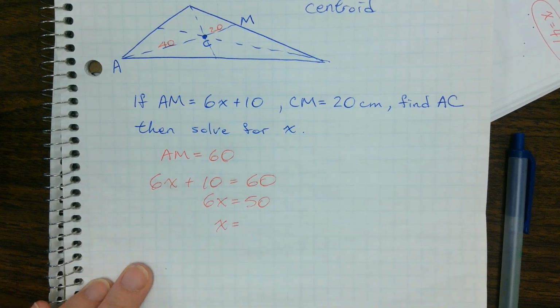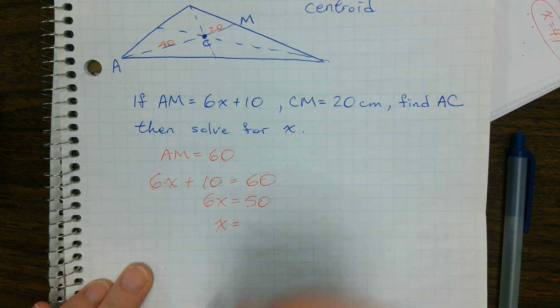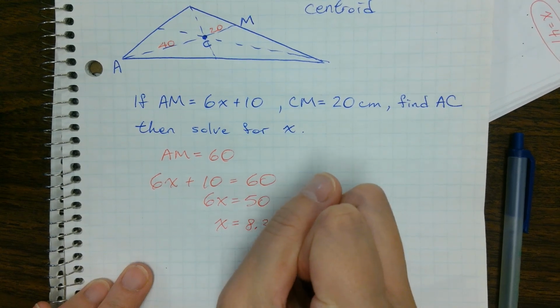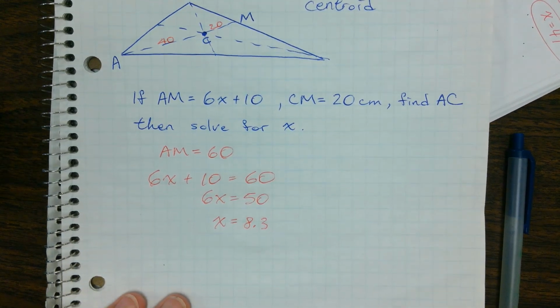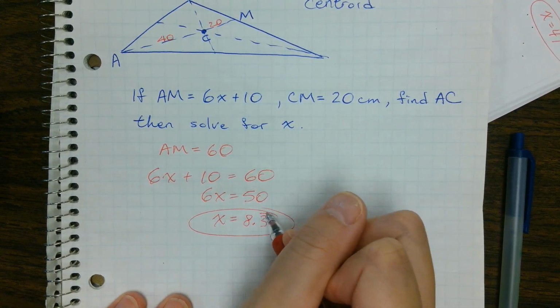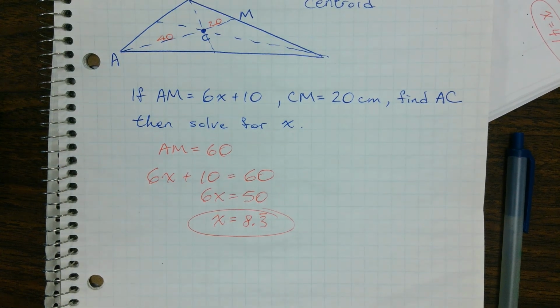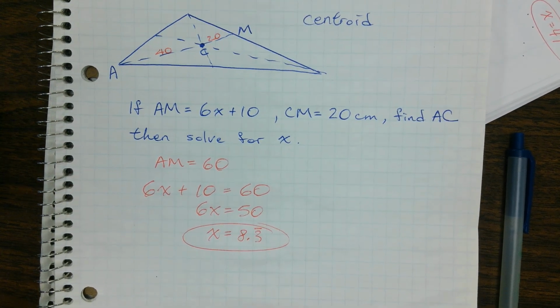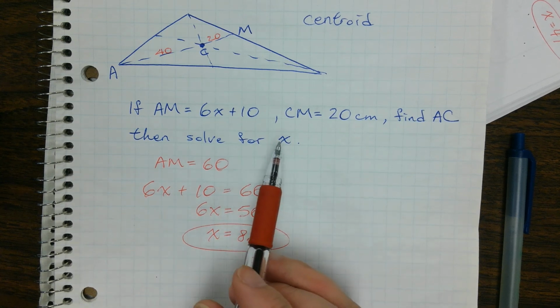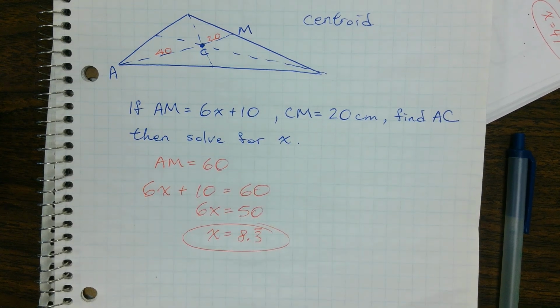So it's gotta be a decimal. So 8.3. Does that make sense? No, because I'm only asking you to solve for x. So this one was a little tricky.